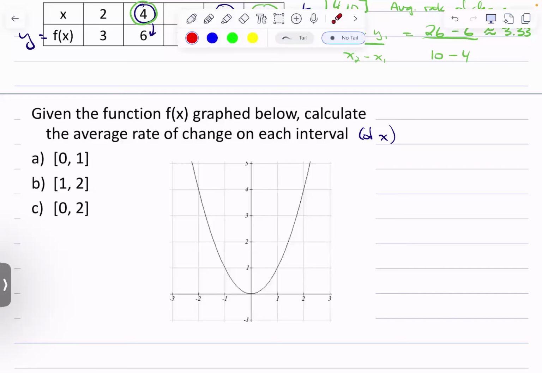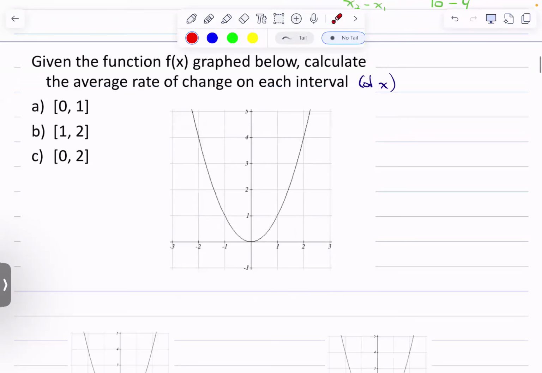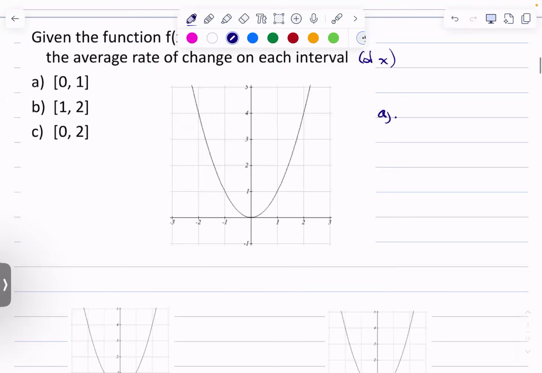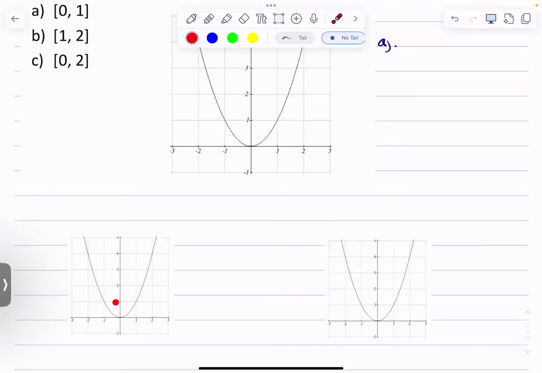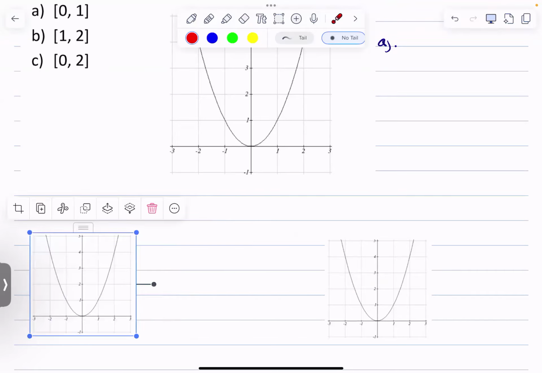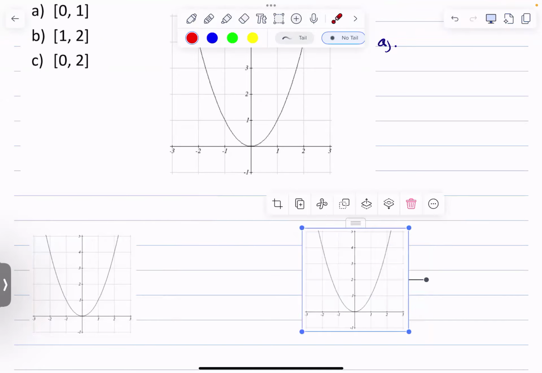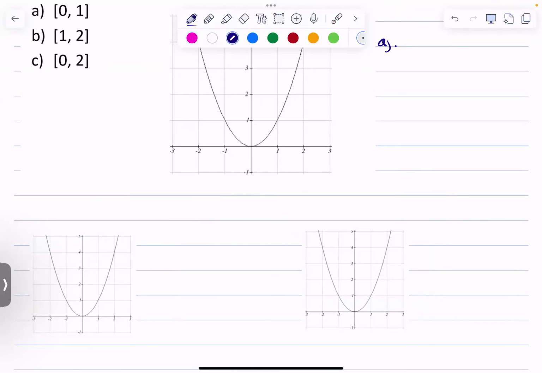Using a graph, we can calculate the average rate of change. We're just going to estimate the outputs, of course. They should be relatively obvious, and I decided to make duplicate graphs for A, B, and C, just so that they don't have to be so crowded.